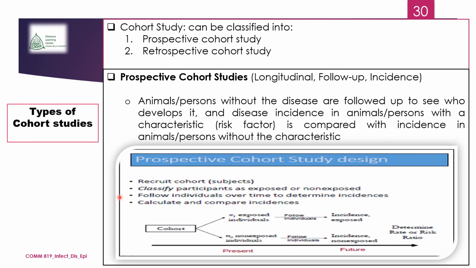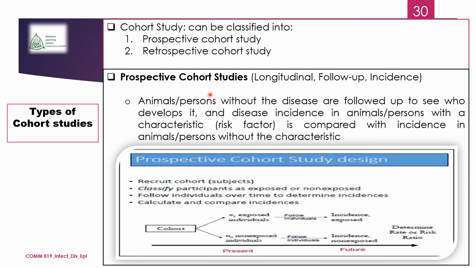Alright, so we said cohort study may be classified into two: prospective cohort study and retrospective cohort study. So let's look at the two. For prospective cohort study, some call it longitudinal study, follow-up, or incident study.